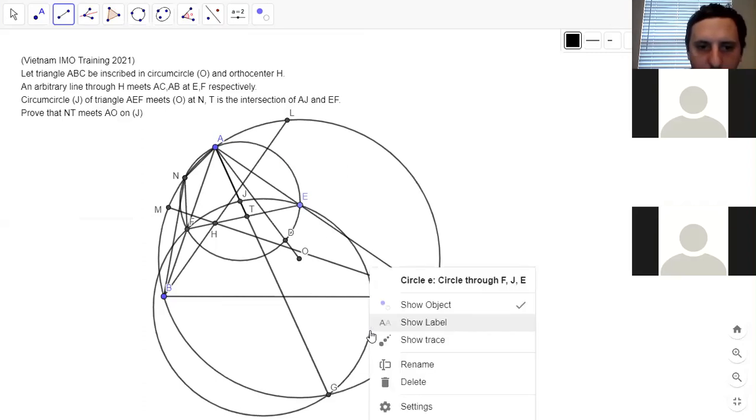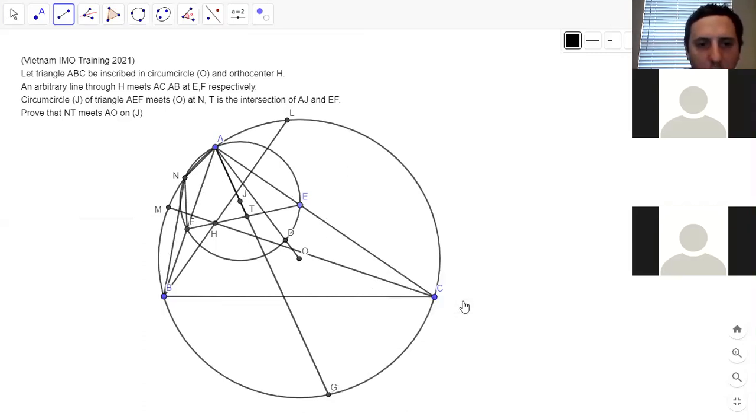Let me hide this actually. Wait, how did you, oh, so since MF is a reflection of E with EF with respect to AB.